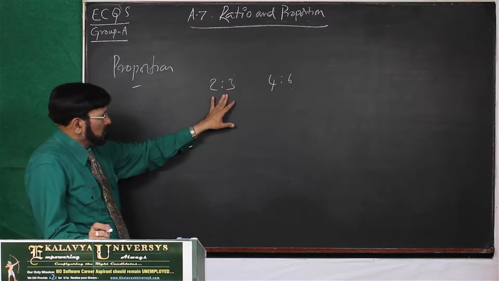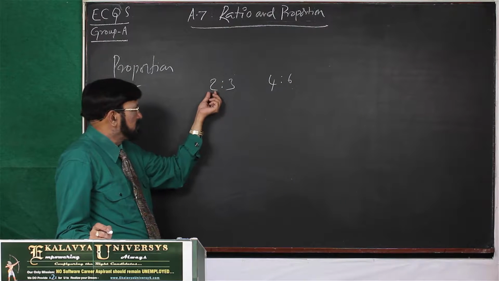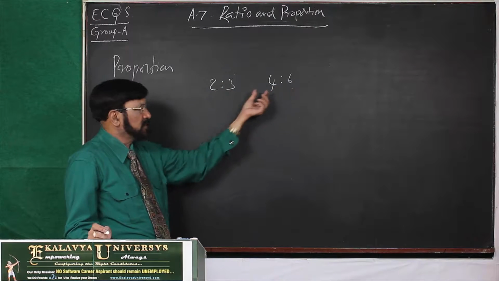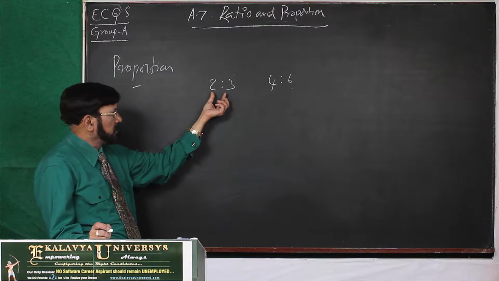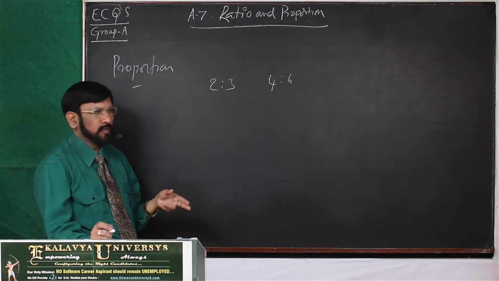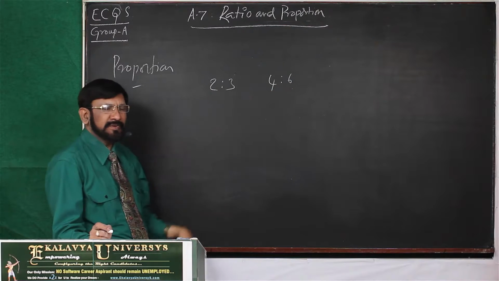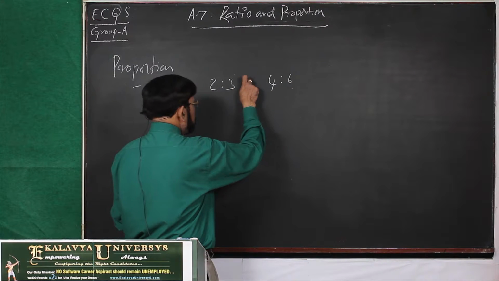If you see that, you know that both are equal, because by multiplying 2 is to 3 by 2, 4 is to 6 is derived. Then it is called a proportion.